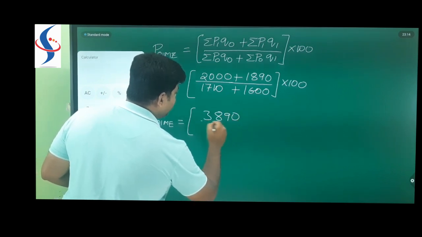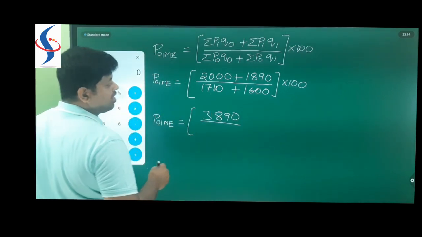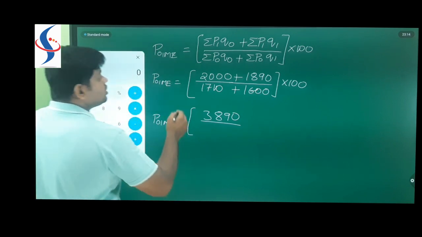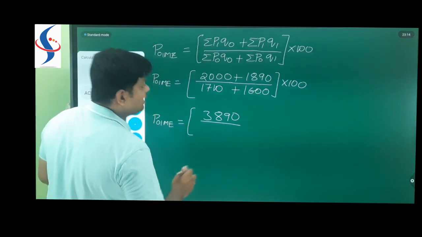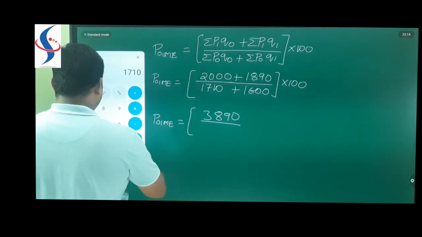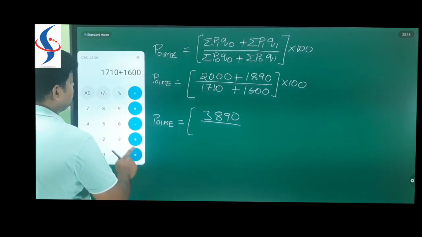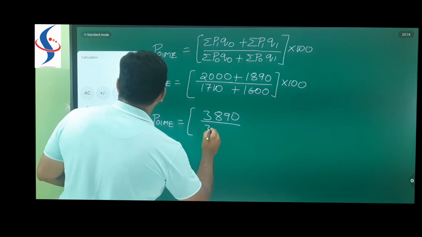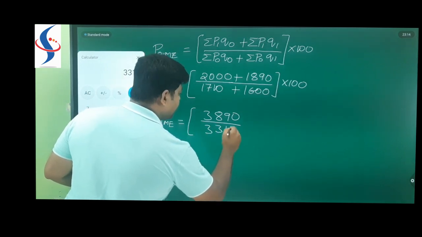You can use the calculator or mental calculation suffices. So 1710 plus 1600 gives you 3310.